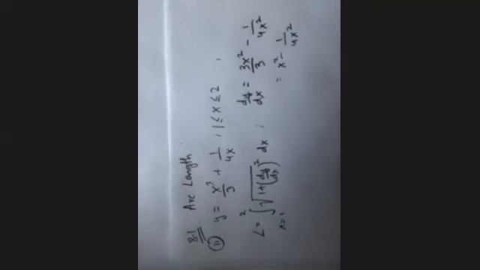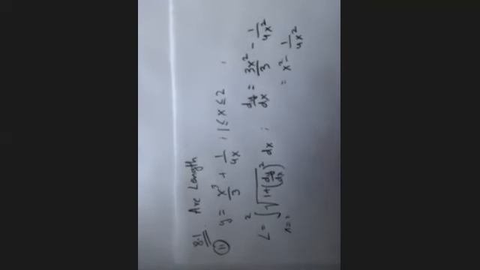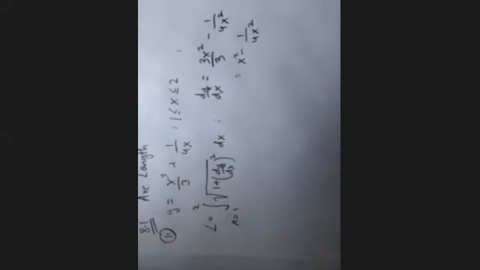Now the next step is we have to square dy over dx. And for this, you should memorize the identities, which we will be using often in this section and in chapter 8.